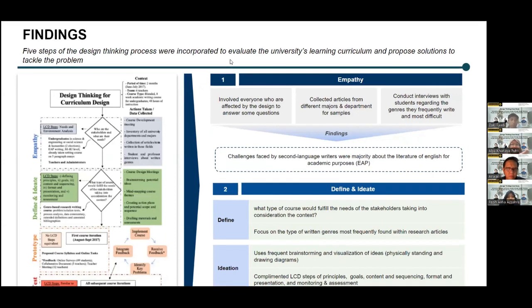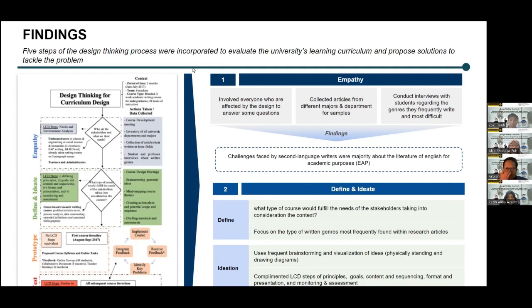Next is the findings of the research itself. The research was done through incorporating five stages of design thinking: empathy, define, ideate, prototype, and testing. Empathy is conducted as research, so the designers want to put themselves in the stakeholders' shoes, and to do that, they conducted several interviews and collected samples from students' articles. The next stages are define and ideate.